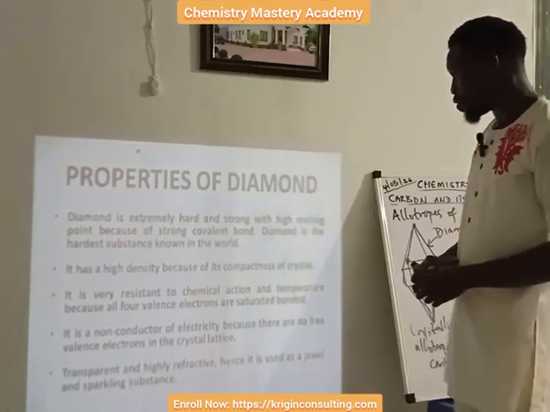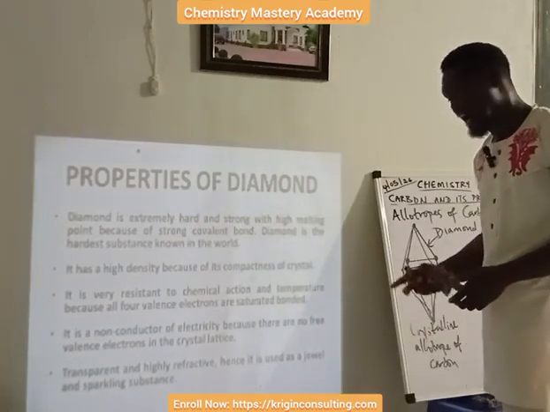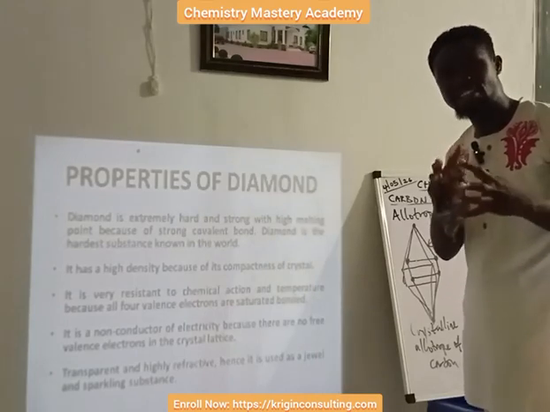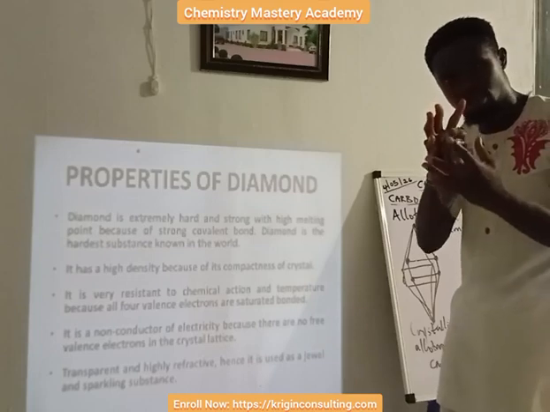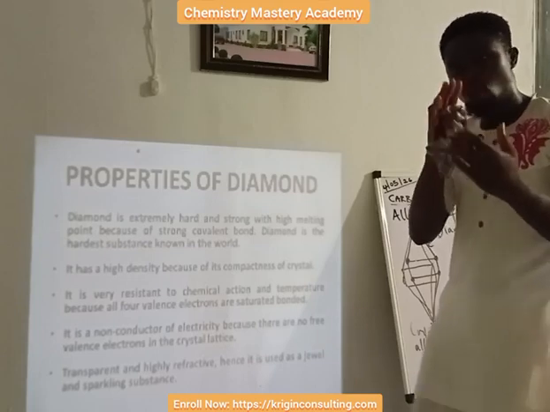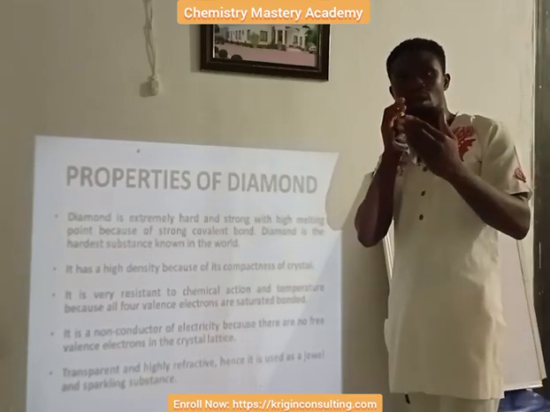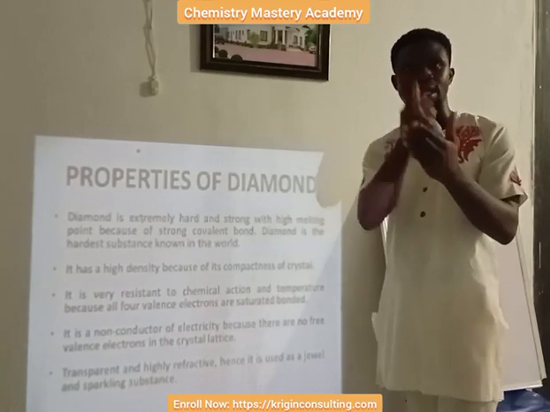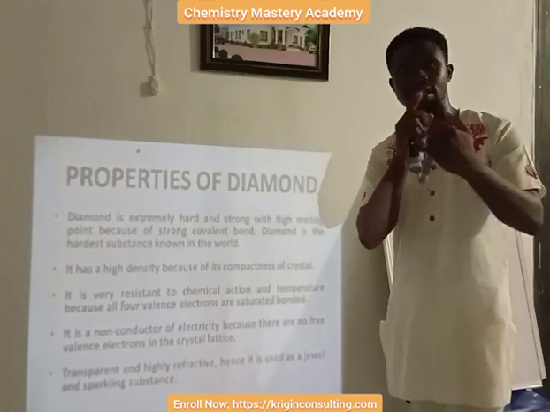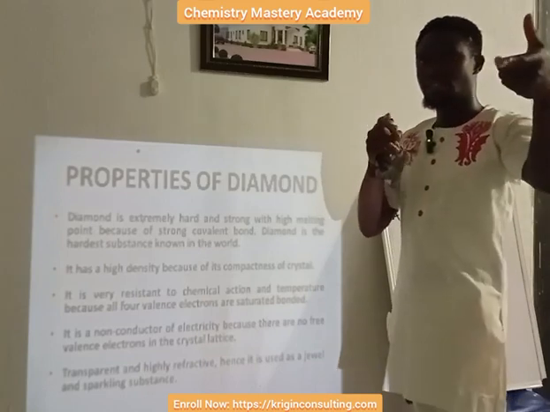So next, we said it is transparent and highly refractive. The diamond is transparent, you can see through it. And when you shoot light into it, what happens to the light? The light will come out through the other side.